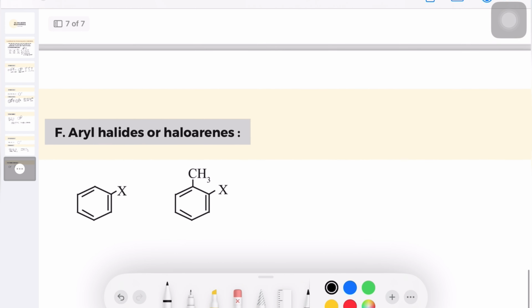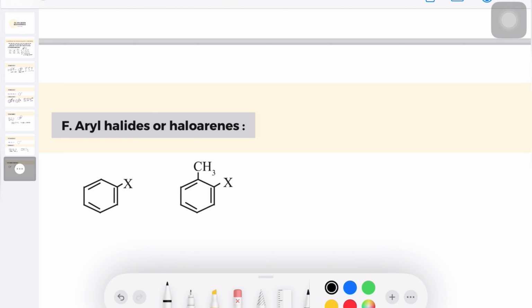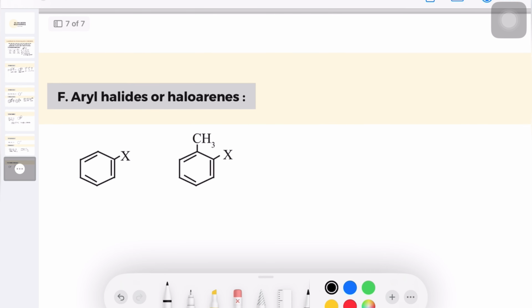Then next, and the last one from this, is aryl halides or haloarenes. In aryl halides, the halogen atom is directly bonded to an sp2 hybridized carbon atom of an aromatic ring. You know that in benzene all carbons are sp2 hybridized, which means every carbon contains a carbon-carbon double bond.